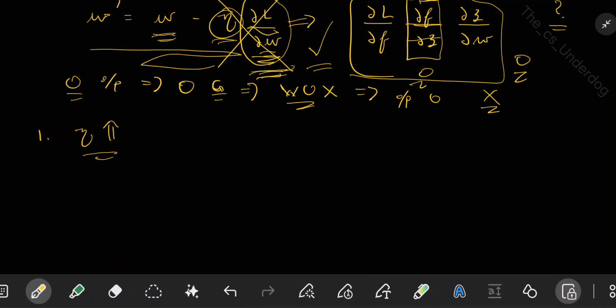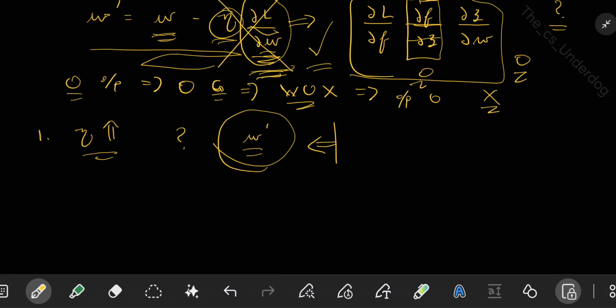Then your weight update may be a large update. Because of this aggressive update, your existing weight W dash will be wrongly modified. If it is wrongly modified on the negative side, then it will be a large negative value, and after this point it hits the dying ReLU scenario and there is no coming back.